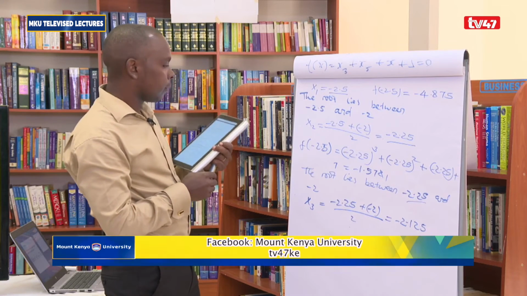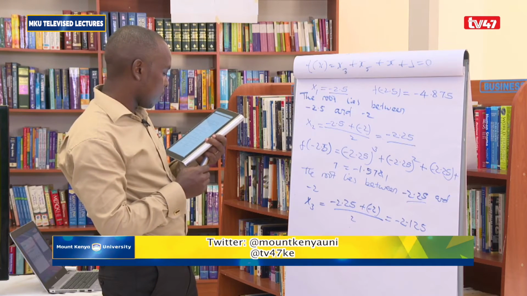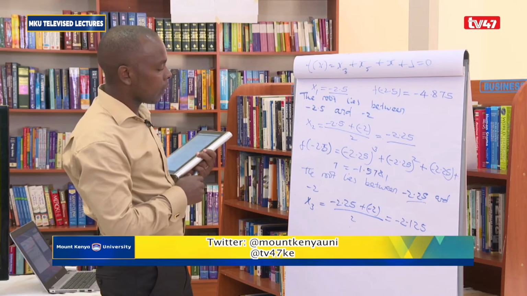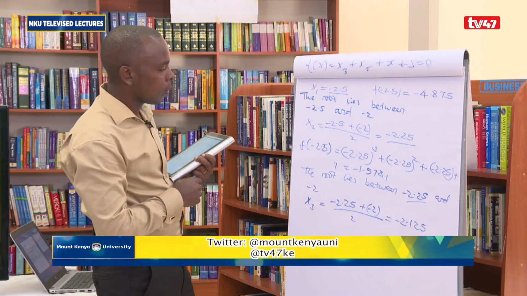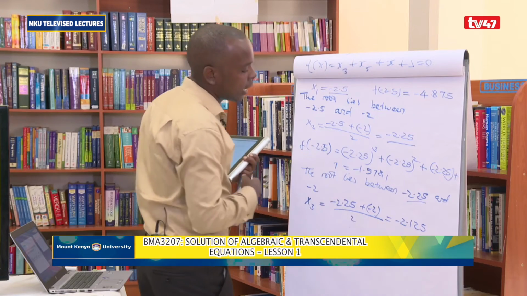So f of negative 2.125, which you can check, would be negative.